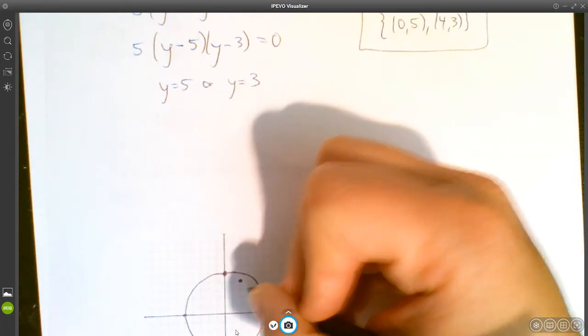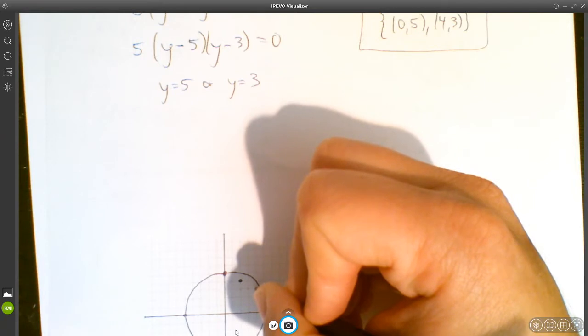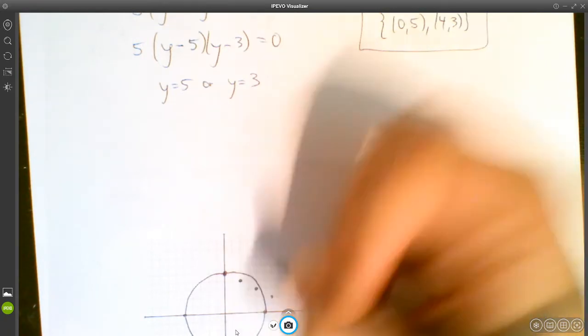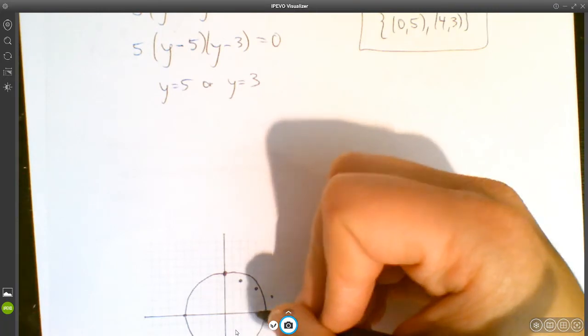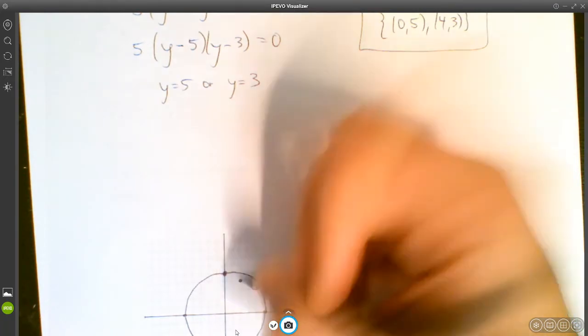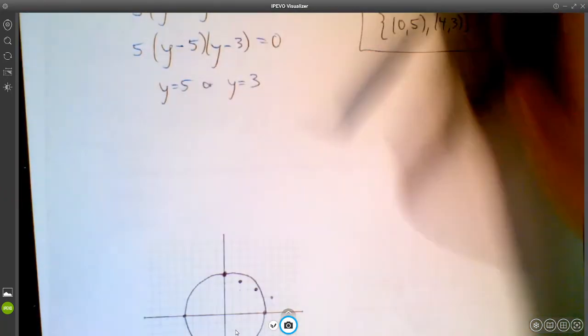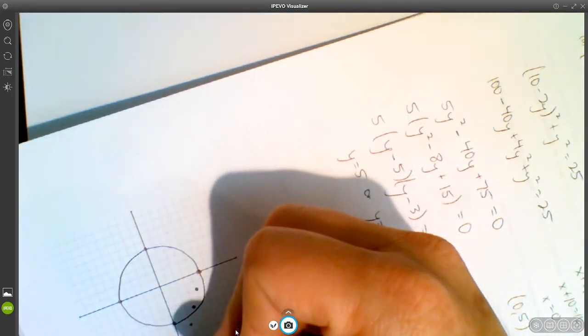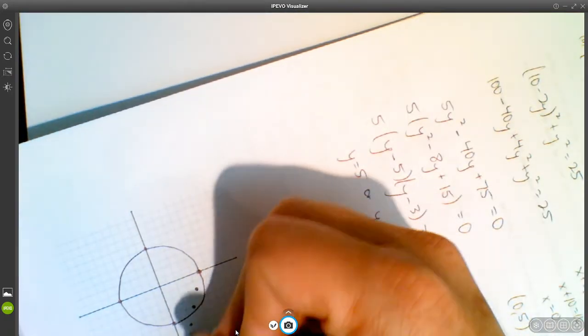Down 1 over 2. Down 1 over 2. So 1, 2, 3, 4, 1, 2, 3. Yeah, 4, 3. I'm guessing that this circle is actually supposed to pass through that point. But anyway, this is the line that we get.